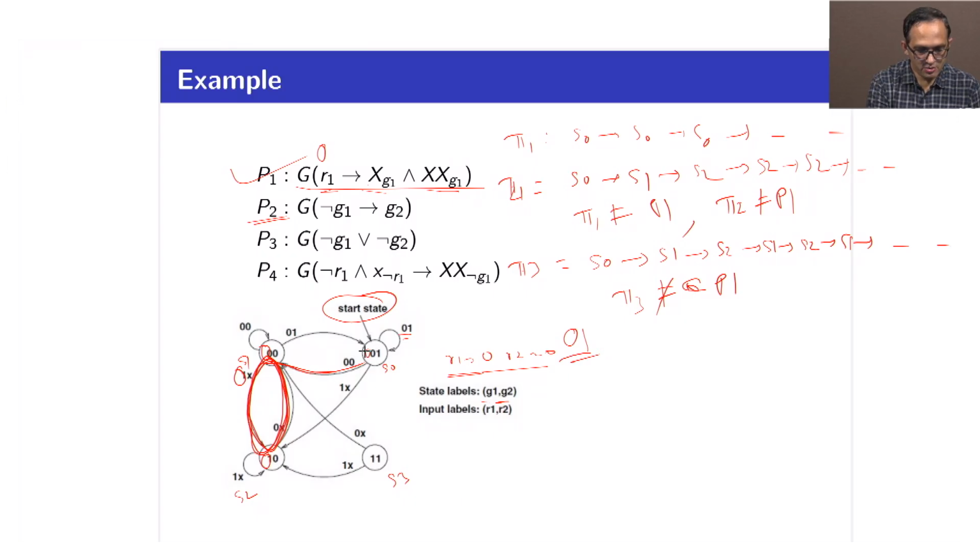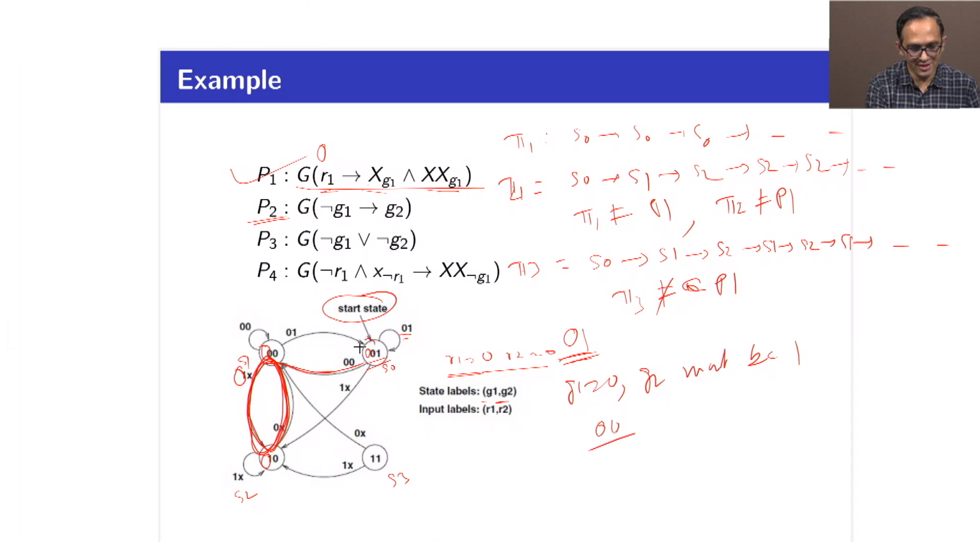So, if you think about this state, you are saying that you cannot reach a state where this is not true. So, if G1 equal to 0, G2 must be 1. So, it means you should not reach state 0 0 from 0 1.